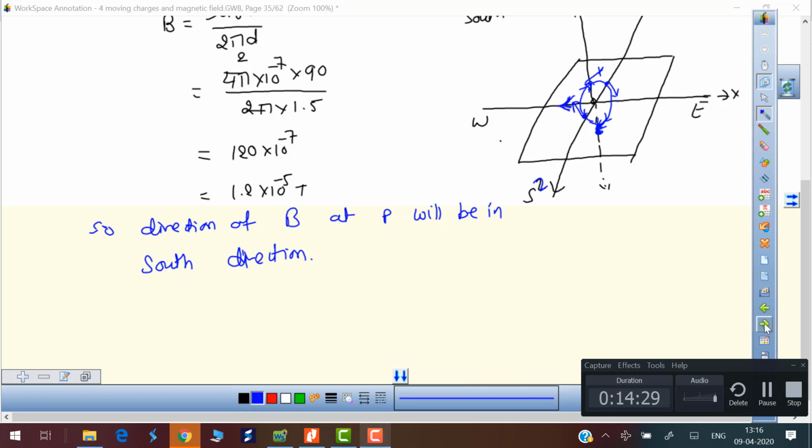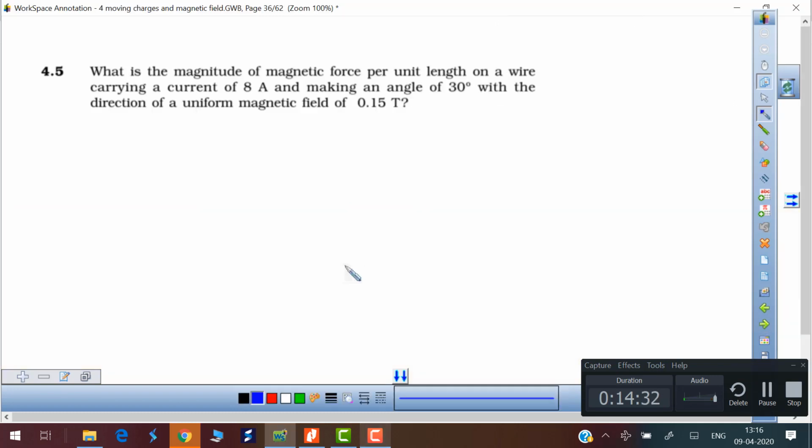Then go for next. What is the magnitude of the magnetic force per unit length on a wire carrying a current 8 ampere and making an angle 30 degree with the direction of uniform magnetic field?